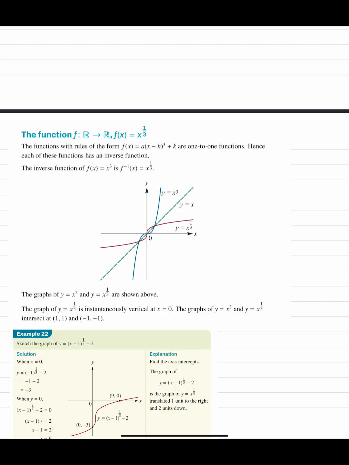Now, recall the inverse function that we have learned. Make sure you go through chapter 5 if you're not too sure or you forgot. If the original function f of x is x to the power of 3, then the inverse will be x to the power of 1/3, which is the cube root of x.